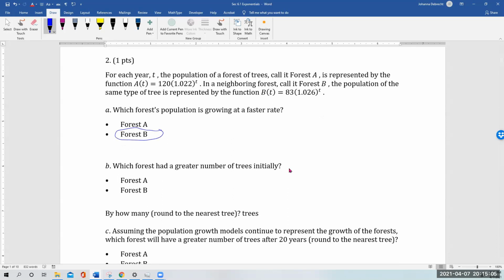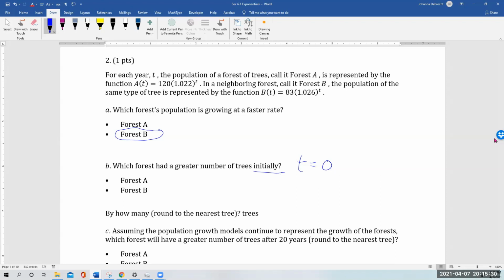Which forest had a greater number of trees initially? When they say initially, they mean when t is equal to 0. So when you're thinking about when t is equal to 0, you want to look back at the equation and imagine putting 0 in place of t. Anything raised to the 0 power except 0 is the number 1.